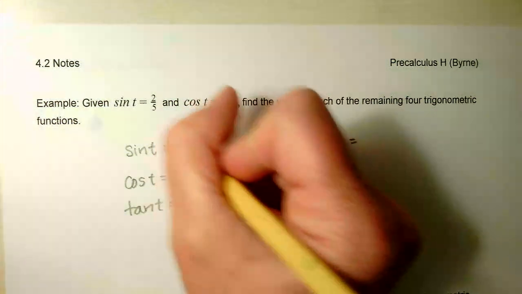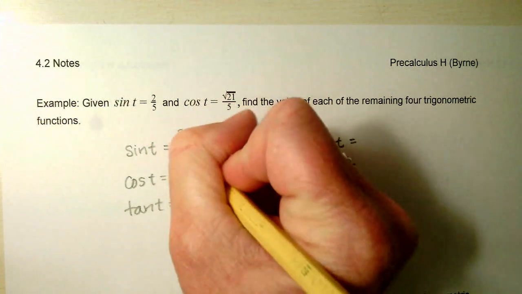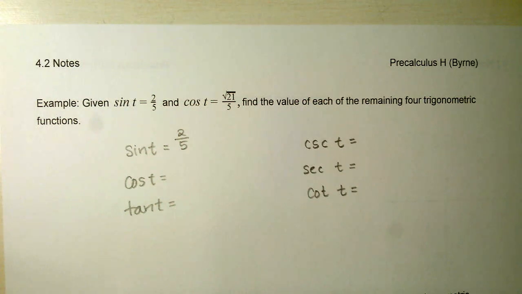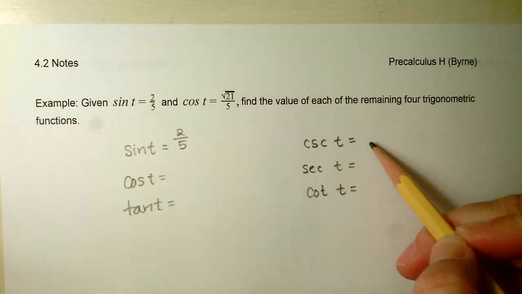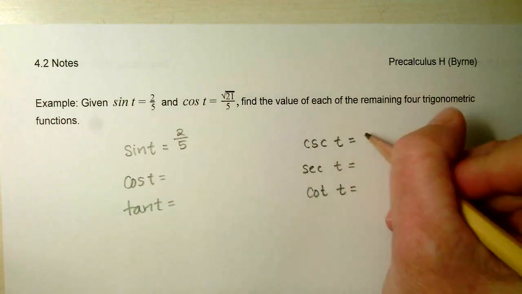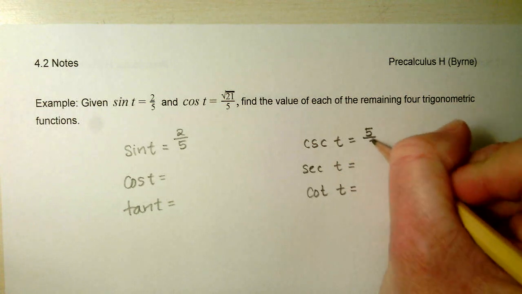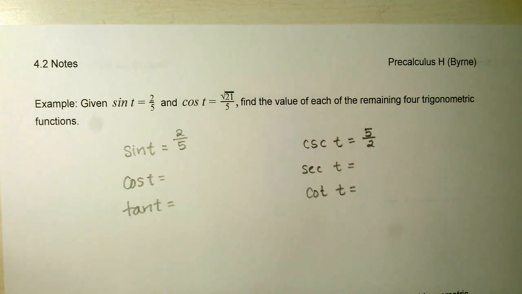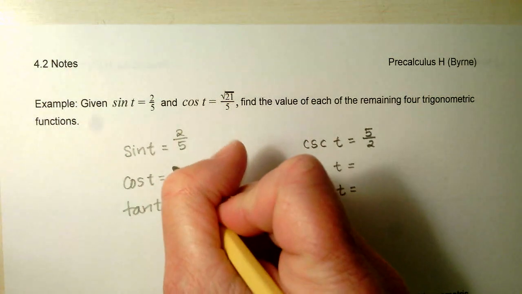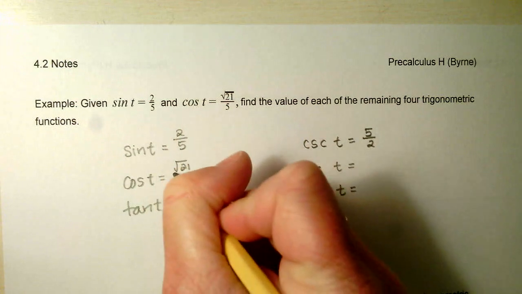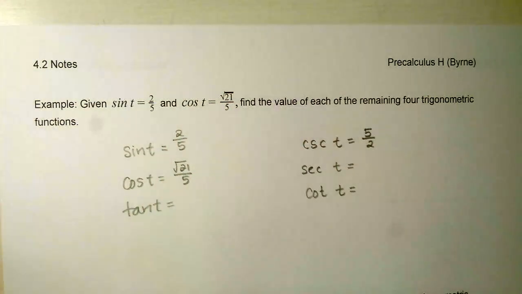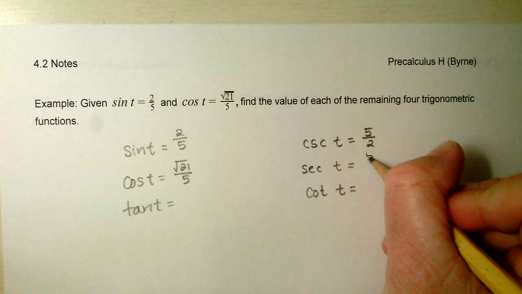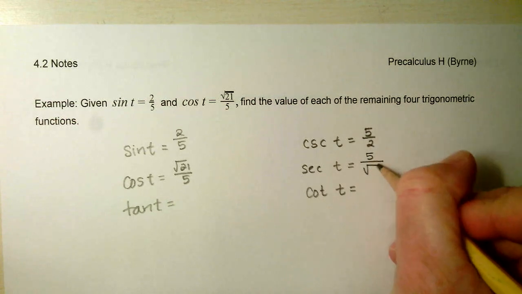So here, my sine of t is given as 2/5. Where it's a fraction, it's really easy to find its reciprocal function, 5/2. My cosine is given as square root of 21 over 5. Its reciprocal is 5 over square root of 21.